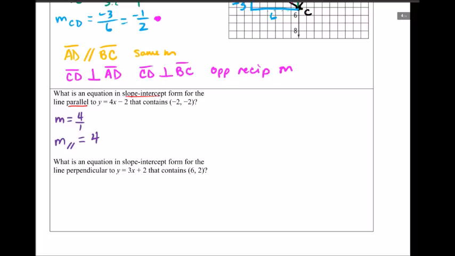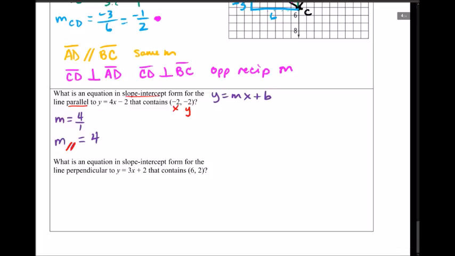So I now have a parallel slope, and I am also given an xy point. So we're going to write that parallel. So how do I write this in slope-intercept form? Well, what's slope-intercept form? Y equals mx plus b.